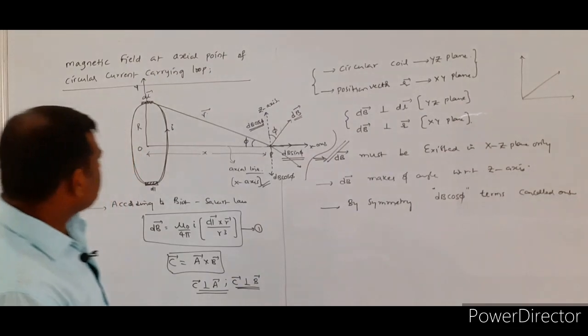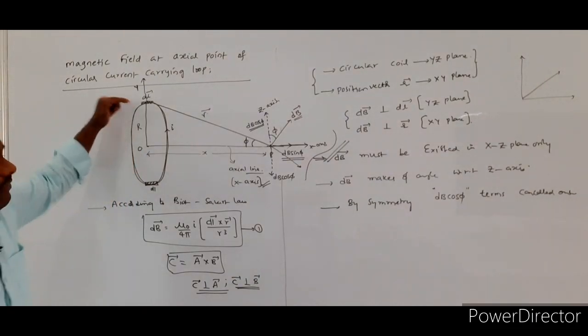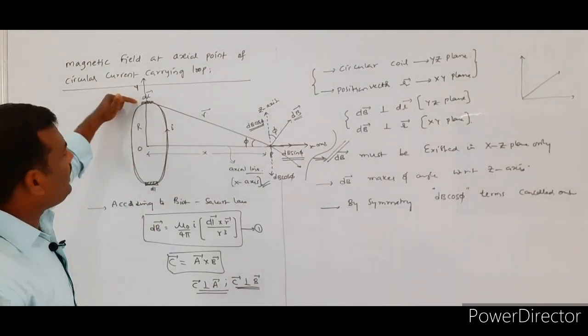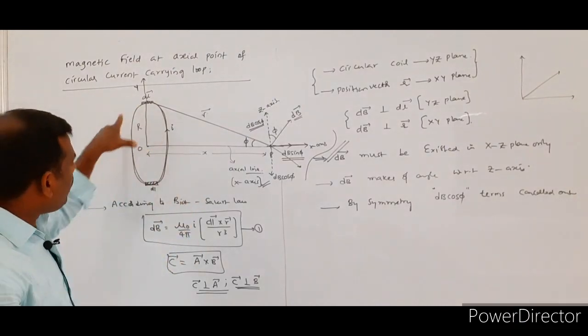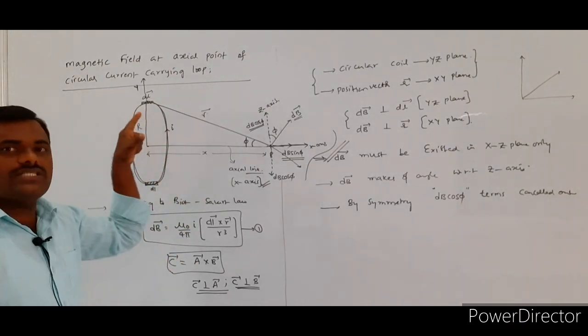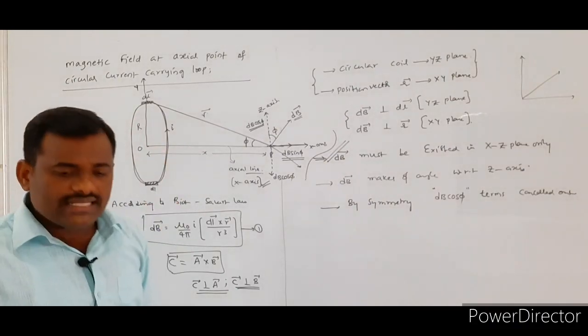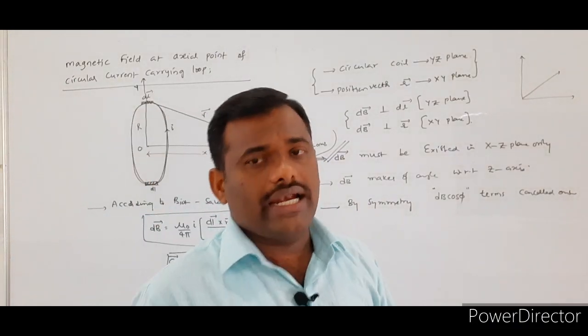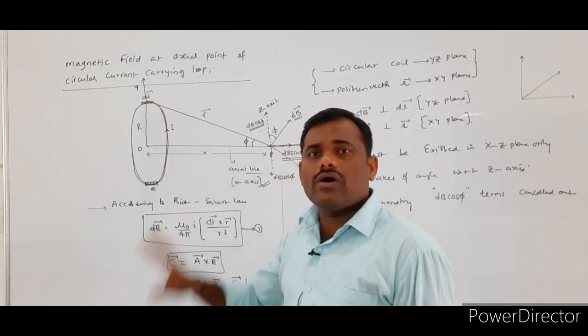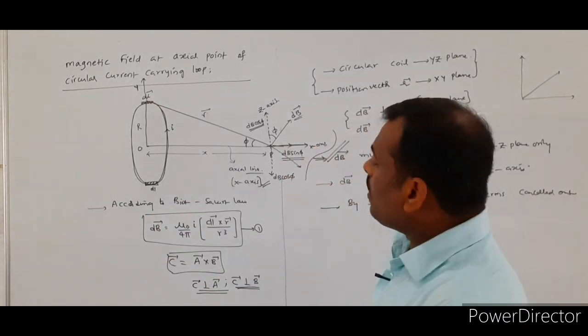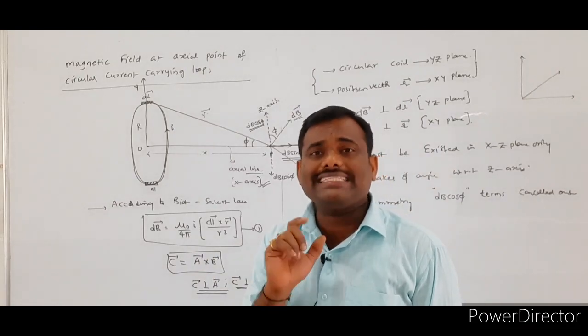Once again, see here, we consider the small element dl on the circumference of the circular current carrying coil. Now, according to the Biot-Savart law, what is dB bar?